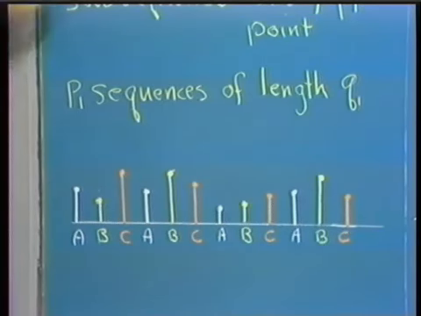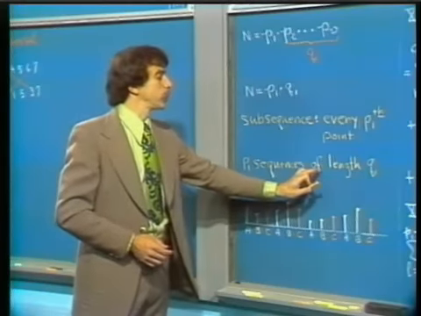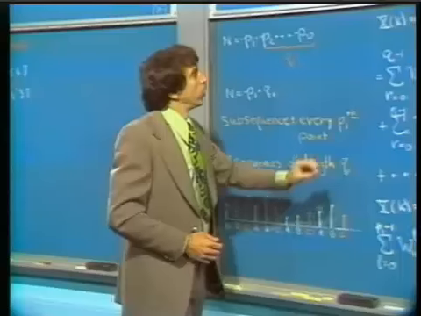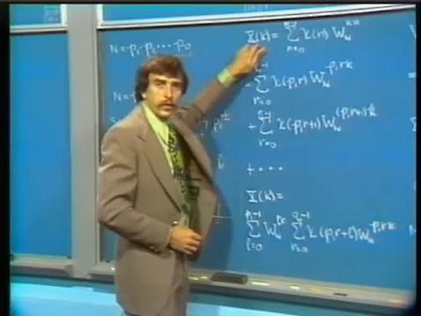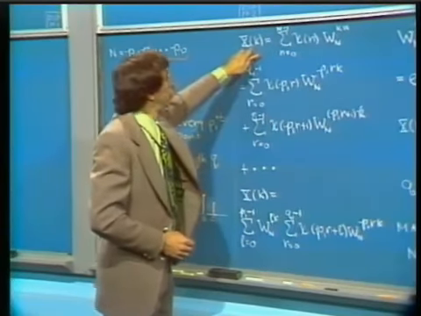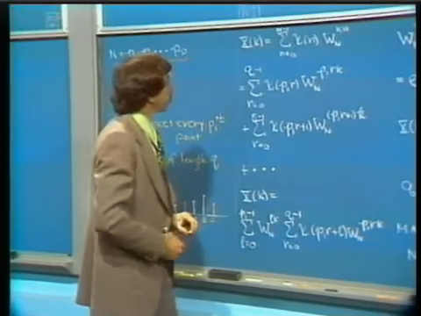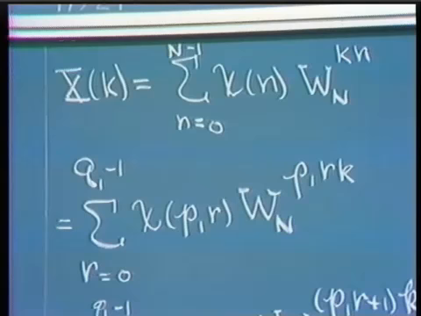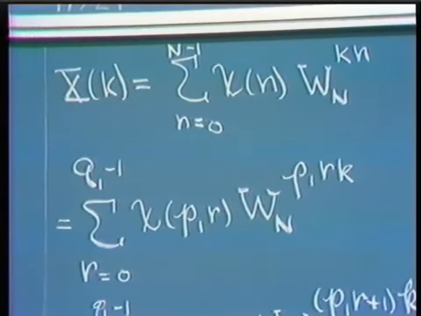All right, so we've decomposed the original sequence into p1 sequences, each of length q1. Given that, we can organize the sum involved in the discrete Fourier transform by decomposing the sum into separate sums involving each one of these p1 subsequences.